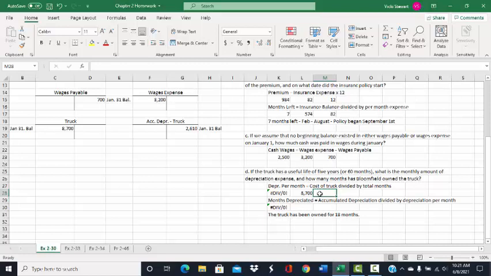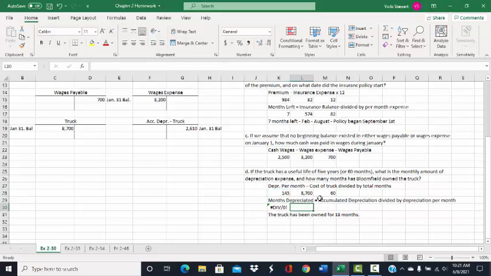We know that this truck has a useful life of 60 months, and we want to use that instead of 5 years because we want the depreciation per month. So $8,700 divided by 60 months is $145 of depreciation per month.